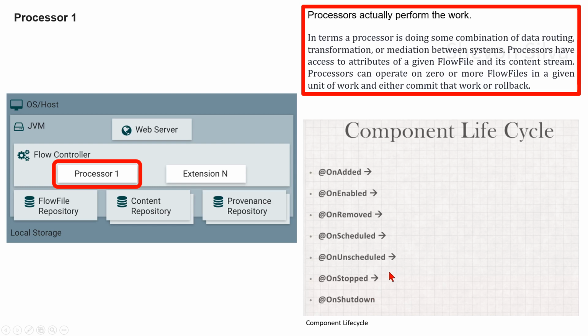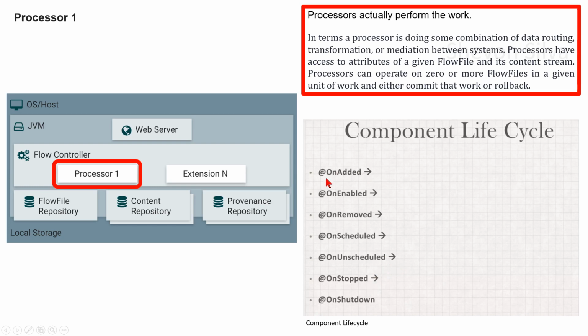Annotation type OnUnscheduled. The marker annotation a processor or reporting task can use to indicate a method should be called whenever a component is no longer scheduled to run. Methods marked with this annotation will be invoked each time the framework is notified to stop scheduling the component. This method is invoked while other threads are potentially running. To invoke a method after all threads have finished processing, see the OnStopped annotation.